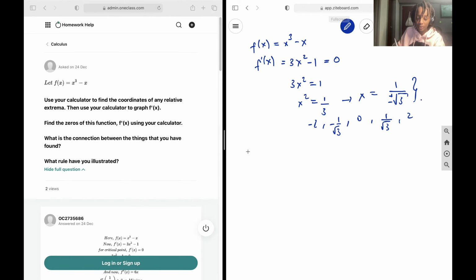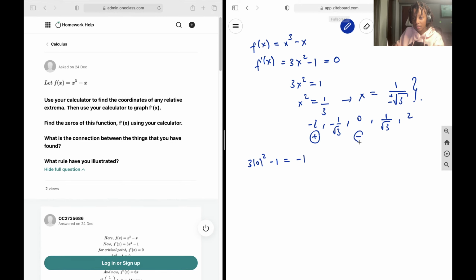So testing -2, we get 3 by (-2) squared minus 1. That's going to give us 12 minus 1, which is 11. So before our point, we're going to expect a positive. Next up, we check 0, and we get 3 by 0 squared minus 1, and that's just going to give us -1.